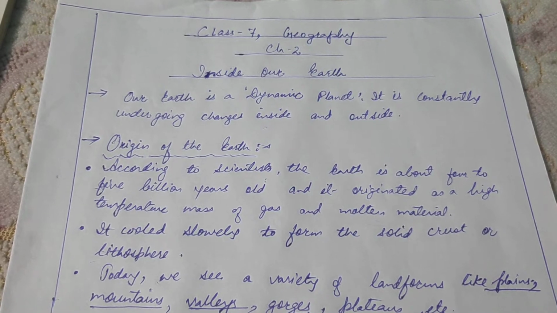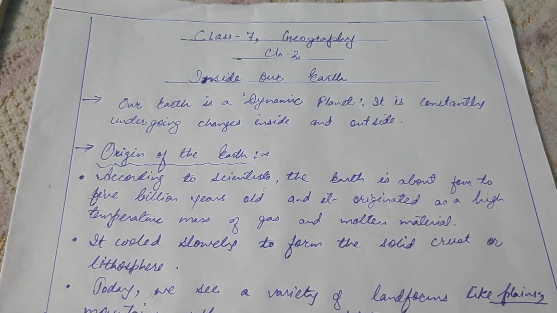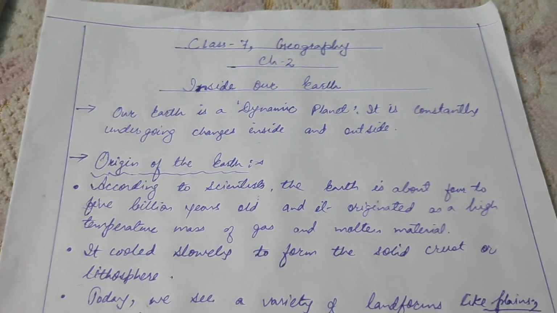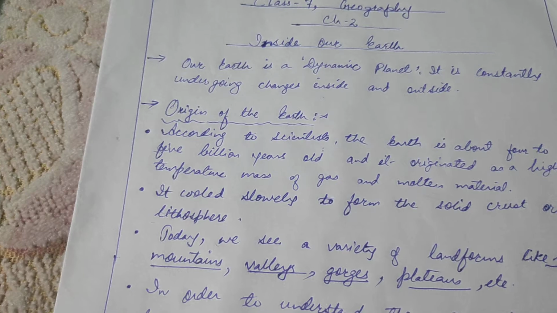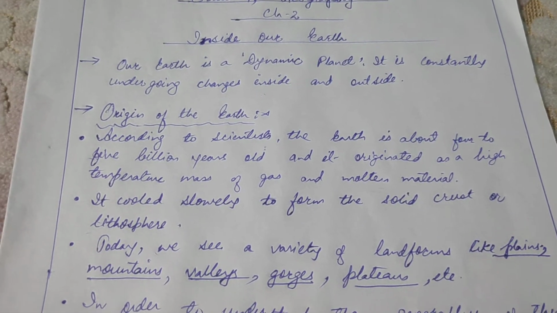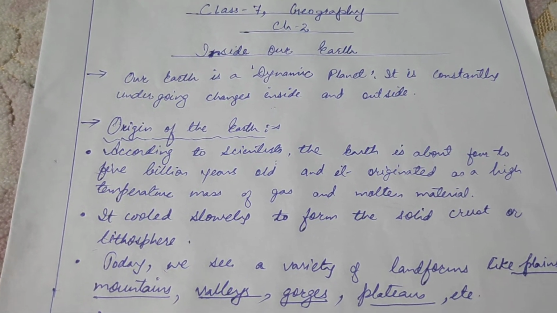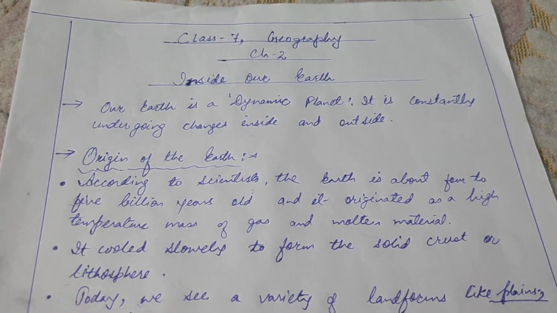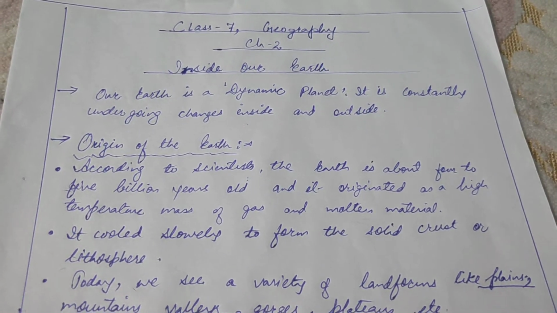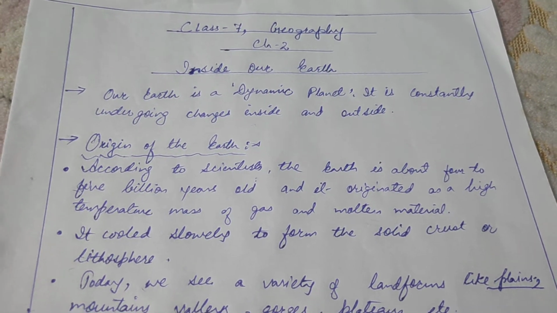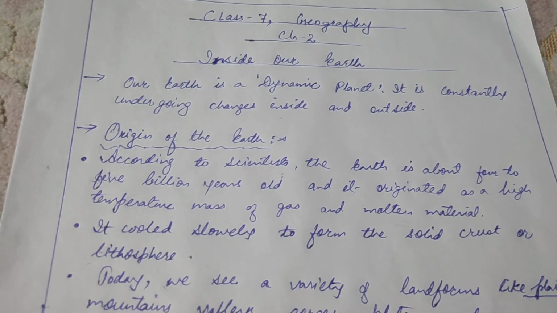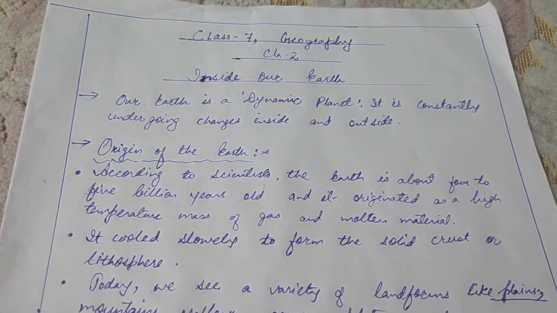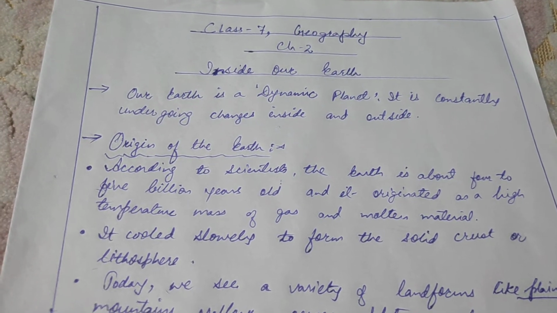When it originated, it was a mass of hot gases and molten materials, and later on it cooled slowly to form the solid crust or lithosphere. This solid layer is called crust or lithosphere, and it forms the topmost layer of the earth's surface where we live.